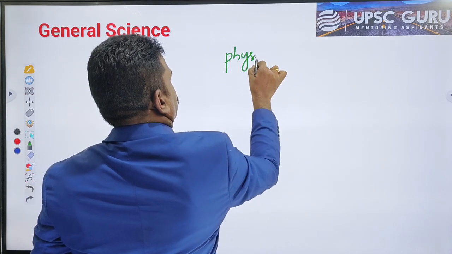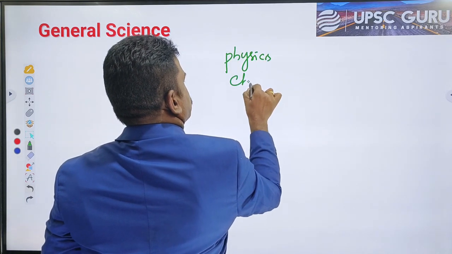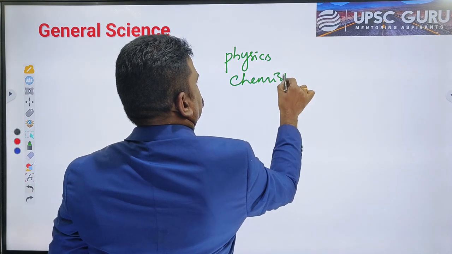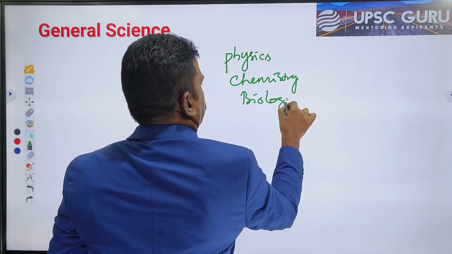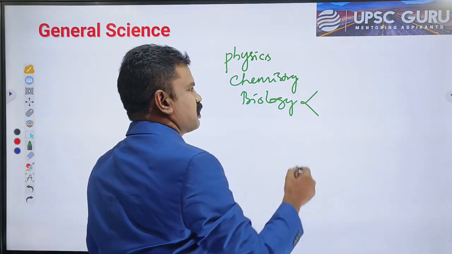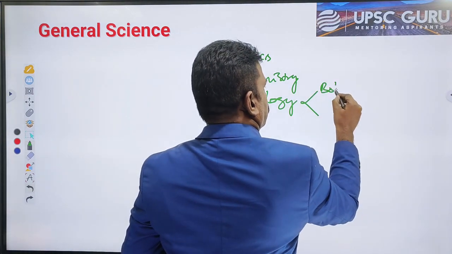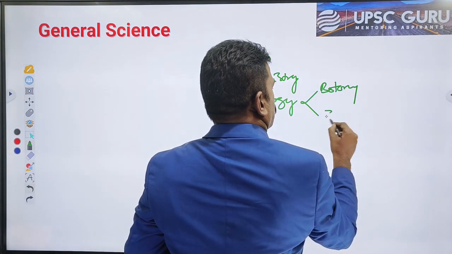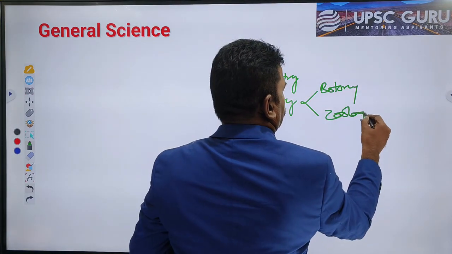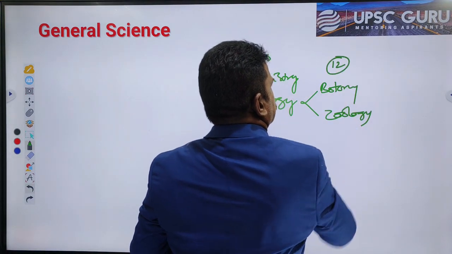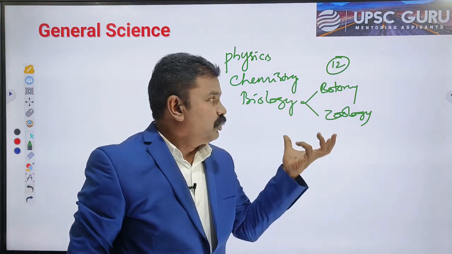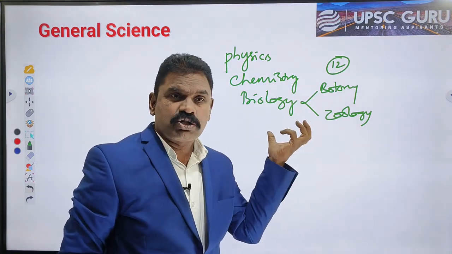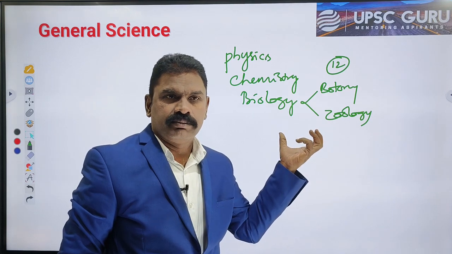Biology, you know, has two parts, botany and zoology. You need to read all these topics up to 12th standard.